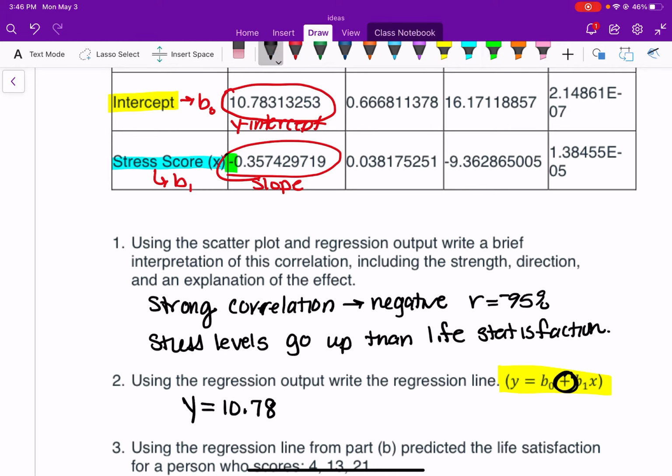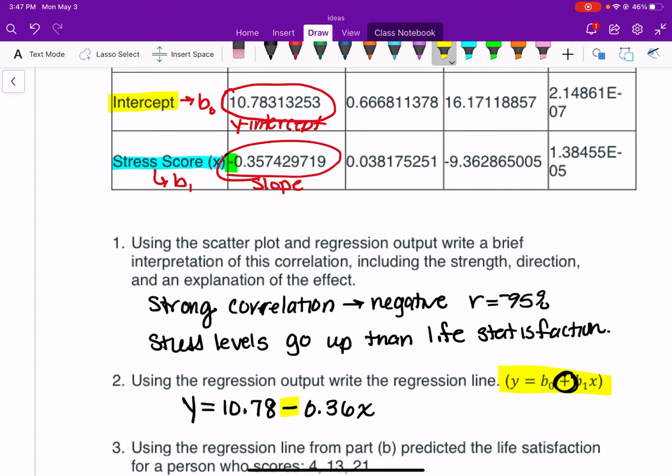So when I write my formula, I am going to do minus 0.36x. And again, if you use the whole number that you see on the chart, that's perfectly fine. Or you can round it to 2 decimal places. Either one was fine as far as that goes. The biggest thing here is making sure that we do change that to a negative right there.